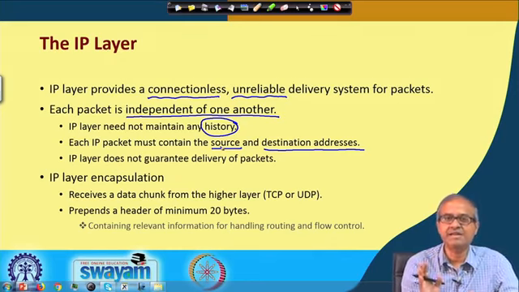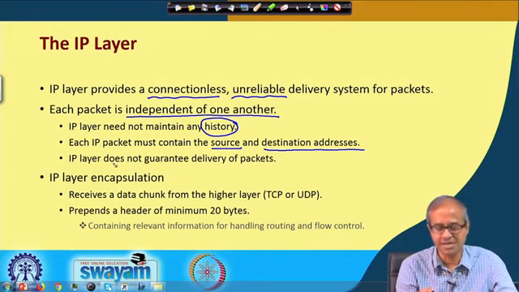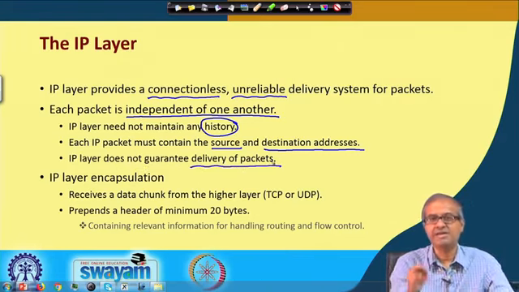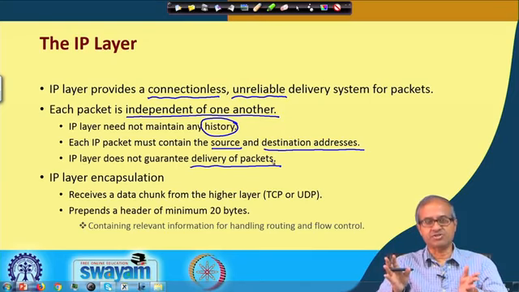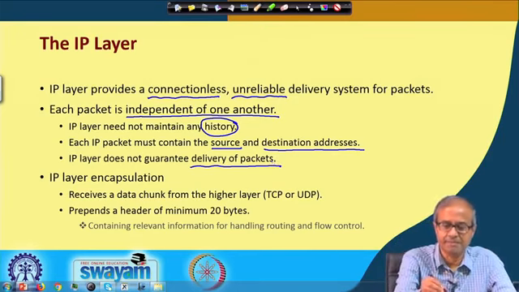And just like datagram service, the IP layer does not ensure reliability and it also does not guarantee delivery of packets. Some packets might get lost. In addition, I told you duplicates might get generated, and packets may also get delivered out of order. So, all these things can happen.